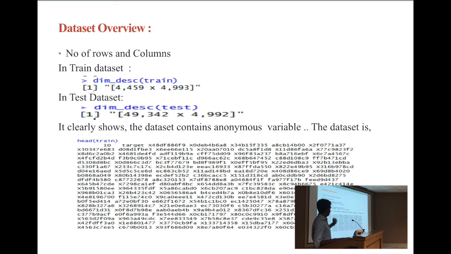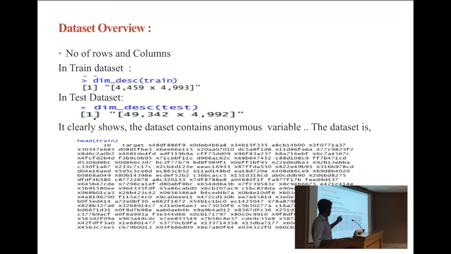So there is ID and target. ID is unique and specifies the customer. Target is the number of potential transactions, and all the others are columns. These are the column names, but each and every column has numerical values. It's the number of transactions they did for that particular variable.